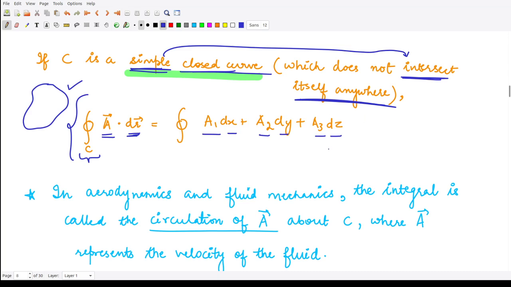So this is the integration over the closed curve of this particular function.